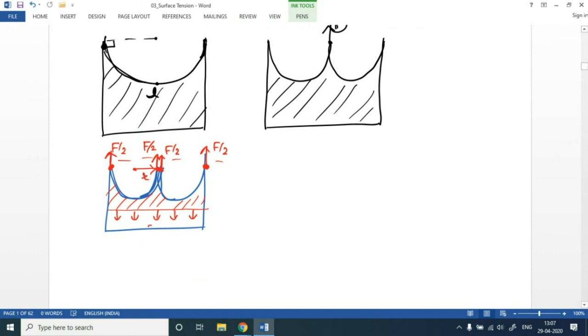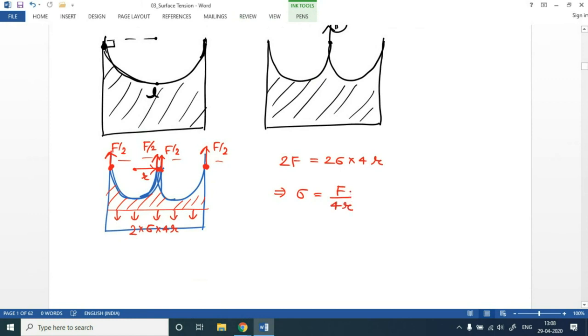So sigma into 4R would be the force from one side, and since this is a membrane, it has two surfaces, so this would be the net surface tension force. And this is in equilibrium, so what we can write is 2F is equal to 2 sigma into 4R, and rearranging we get sigma is equal to F divided by 4R.